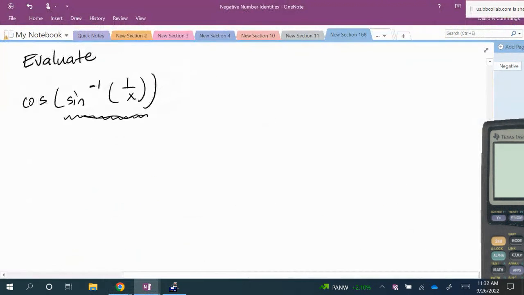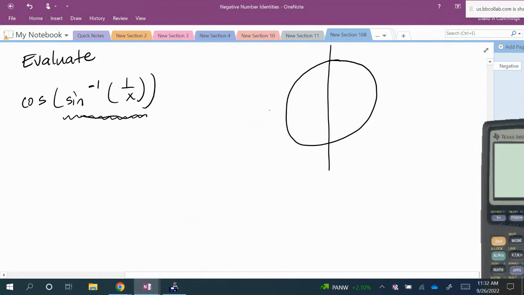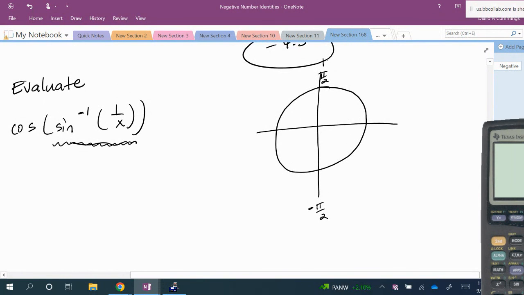So if we were looking at a unit circle, this is negative pi over 2, and this is positive pi over 2. So we're looking for an angle that will lie either in the first or the fourth quadrant. Based on that reference angle chart, we have All Students Take Courses.